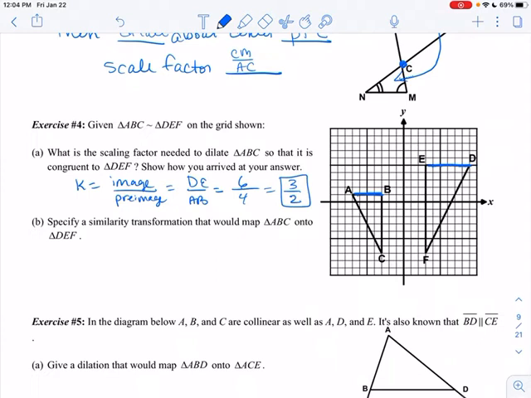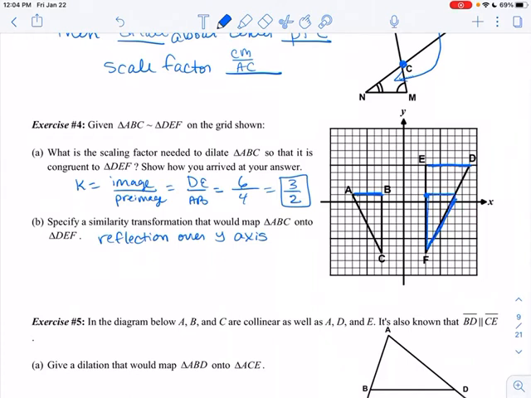Now I want to specify a similarity transformation that would map ABC onto DEF. Well, hopefully you guys can see that I have to reflect it over. Think about what we're always reflecting it over. I'm reflecting it over the y-axis, because if I reflect over the y-axis, it's now going to be sitting here.